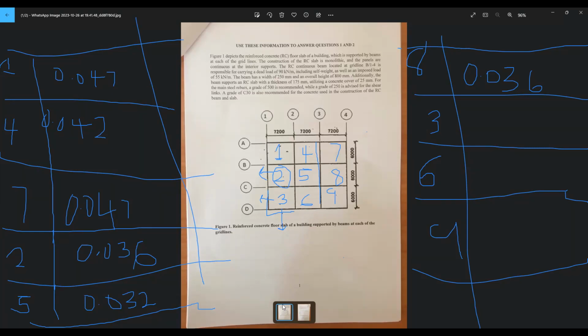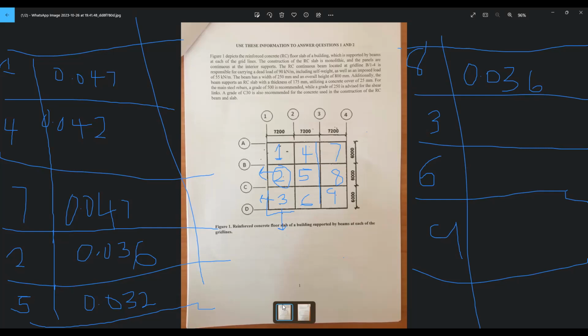You just go, we said panel 1 is two adjacent edges discontinuous, and under that you trace positive moment at midspan. Then you go to the last division horizontally, where we have long span coefficient βy for all values of Ly over Lx.